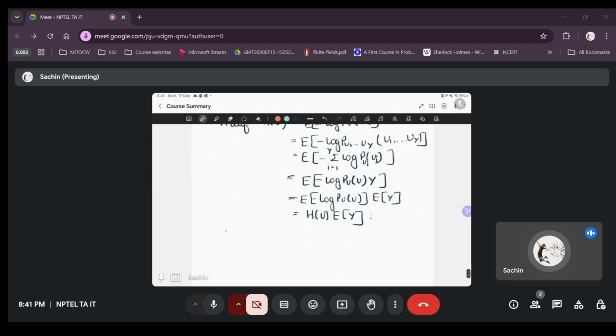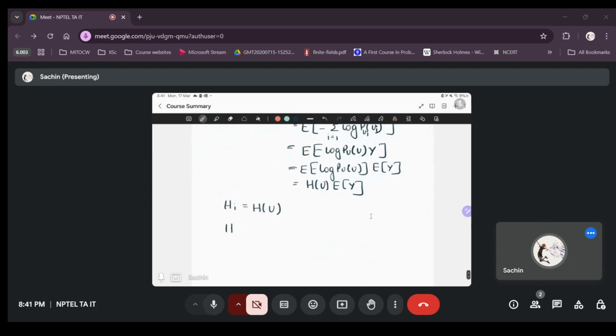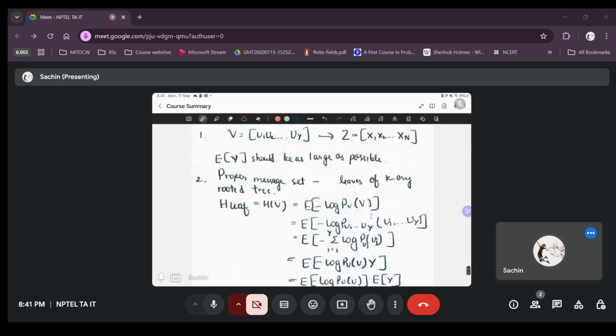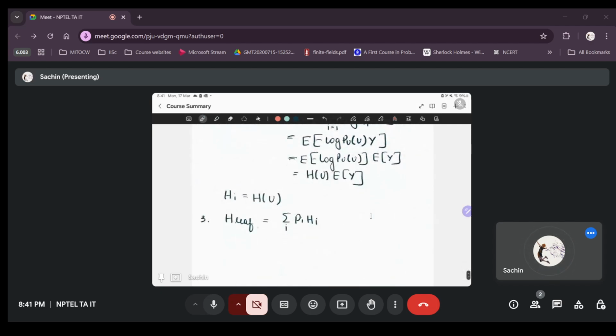And you also have the branching entropy, H(branching) is equal to H(U). Now H(leaf) is equal to the summation of p_i H_i, which is equal to H(U).